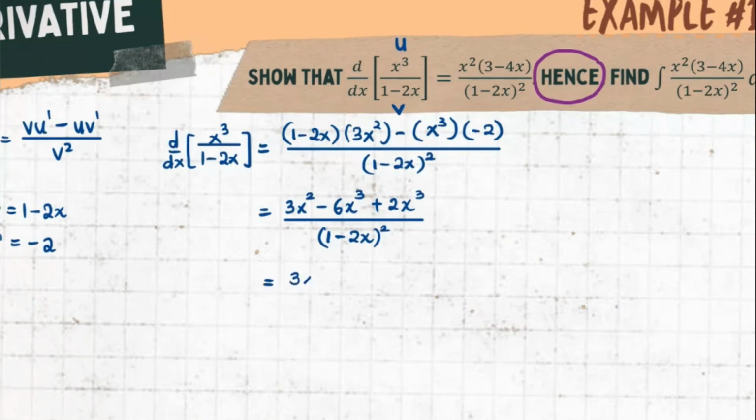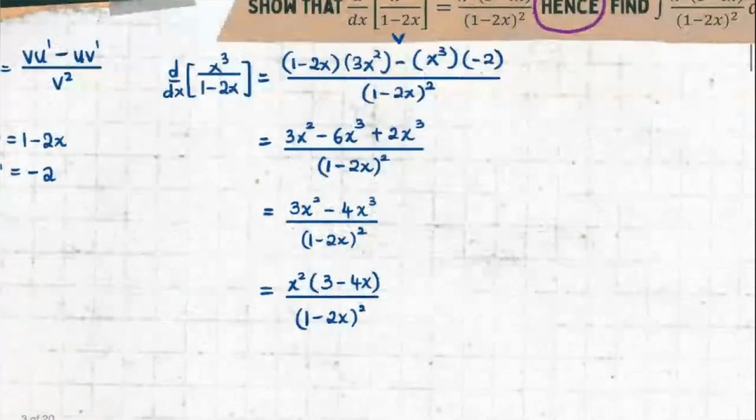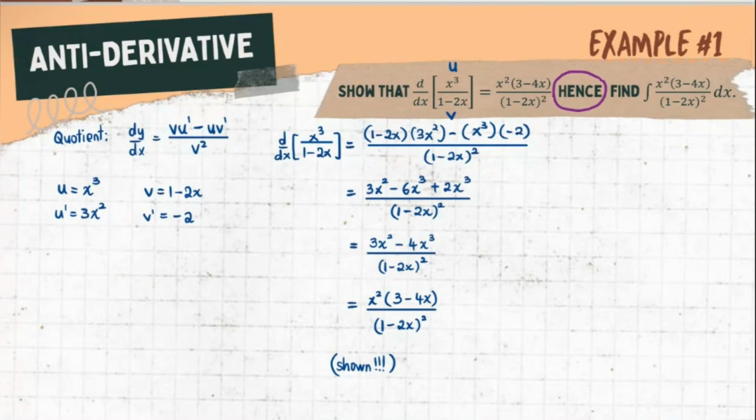We have 3x squared minus 4x cubed over 1 minus 2x squared. And then here we need to match the numerator above, which will be to factorize x squared. We have 3 minus 4x over 1 minus 2x squared. So it is shown. Okay, so this is only the first part of the question. It asks us to show first.